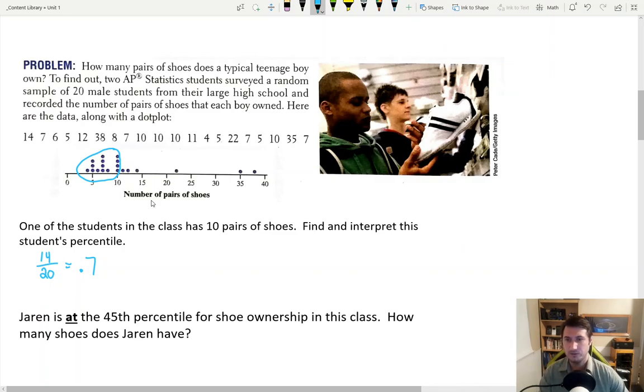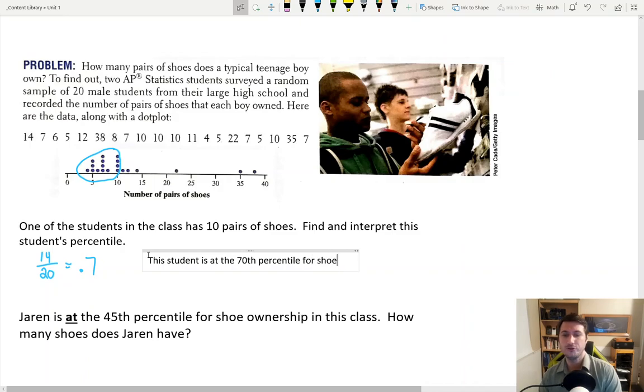Okay, so to put that into a sentence, this student is at the 70th percentile for shoe ownership, maybe not at the high school, but in this sample.